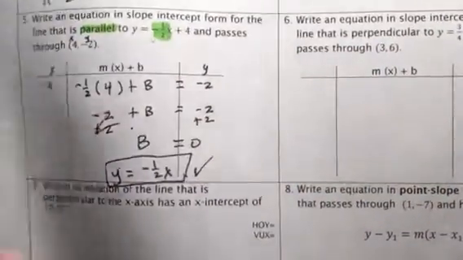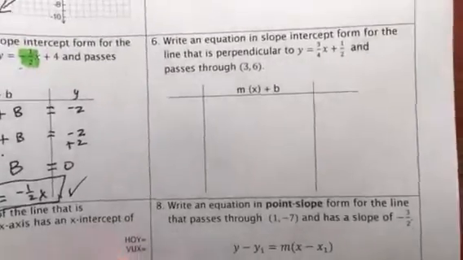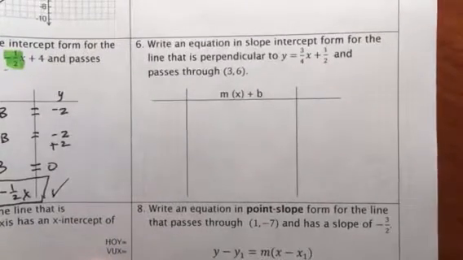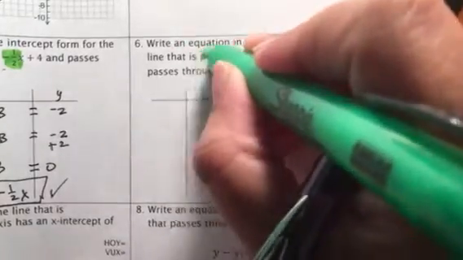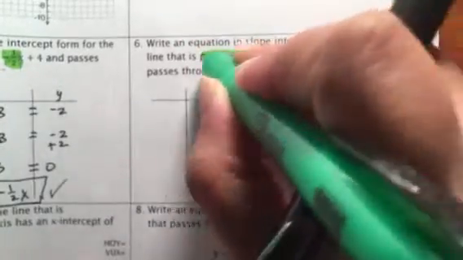Alright, number 6. Write an equation in slope-intercept form for the line that is perpendicular to y equals 3/4 x plus 1/2, and passes through 3, 6. Okay, so this time we will need perpendicular.